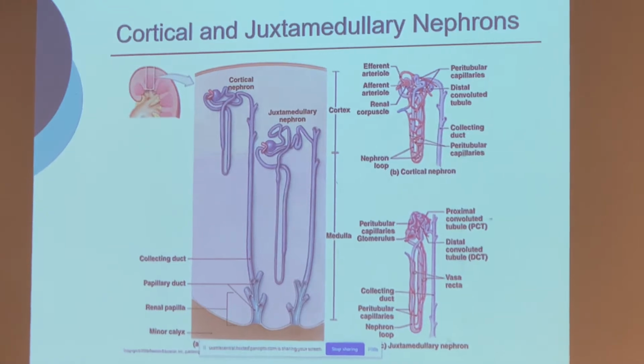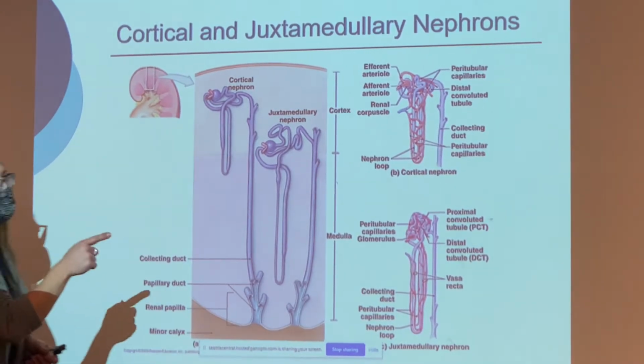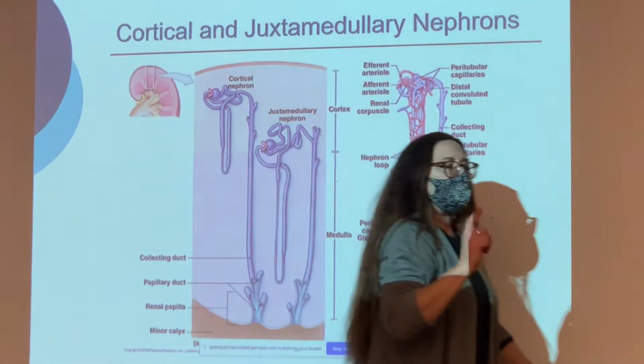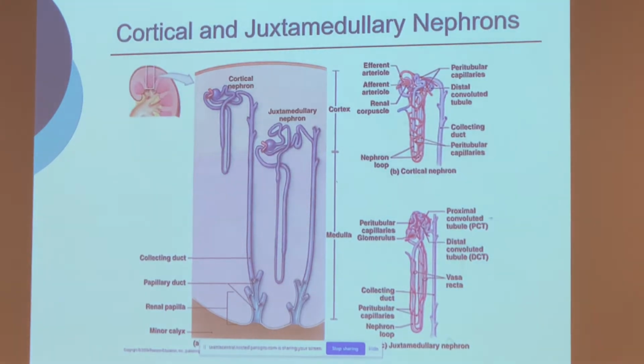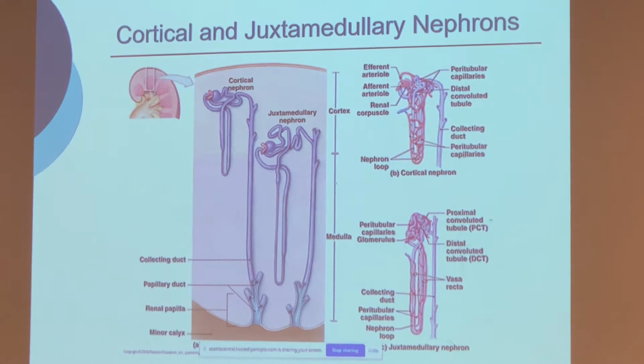Okay. Now, I'm going to draw this so that we then can talk about how blood comes in and out. And then once we draw blood coming in and out, then we'll talk about what kinds of things we can do to manipulate this filtrate. I keep saying you can add things to it, you can take things out.